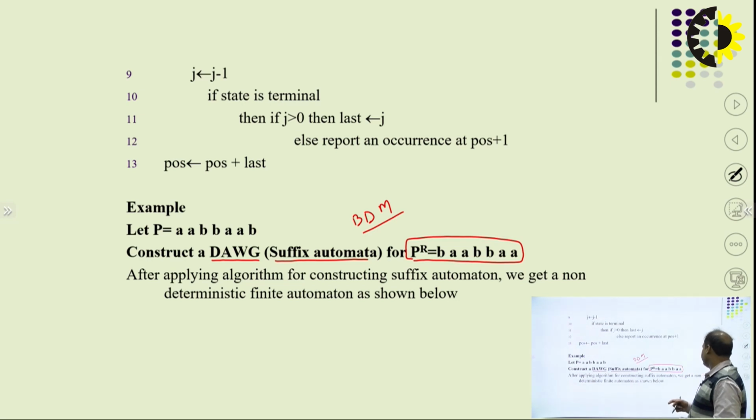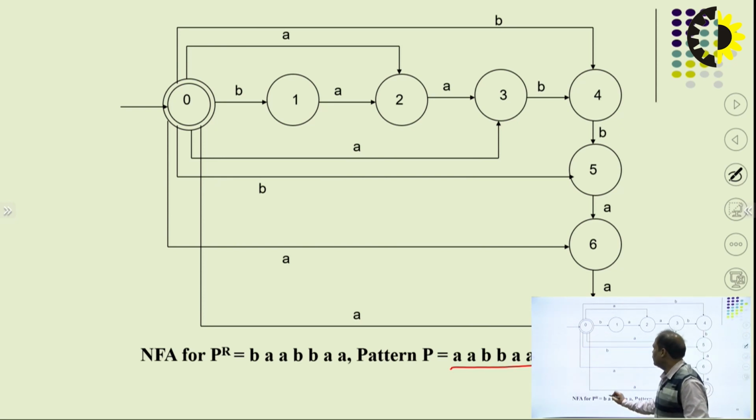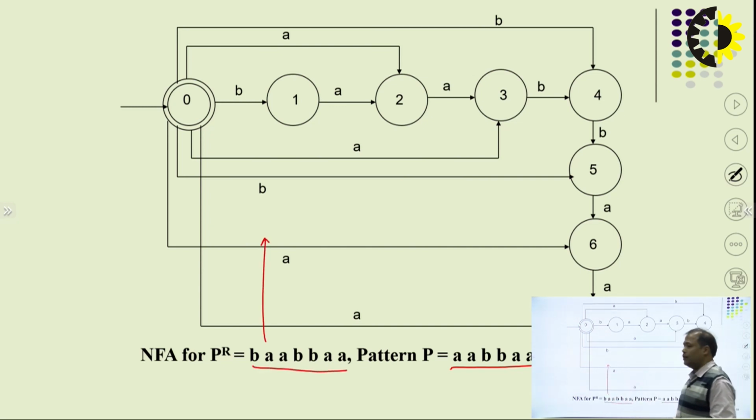Look here, this is your pattern ABBAB, and let's reverse it. Once you reverse it, we will get BABBA. This is the non-deterministic finite automata for the reverse pattern.